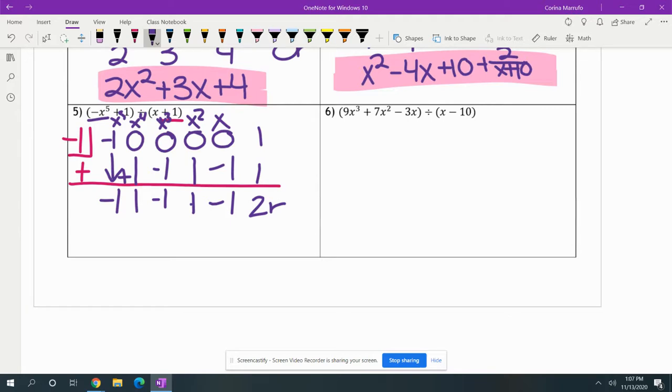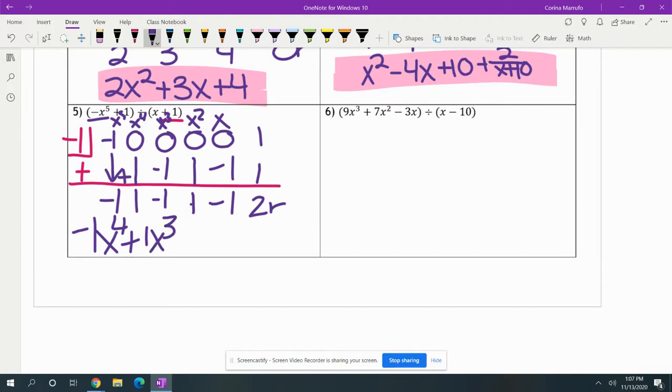So then when we write this, since we had x to the 5th power and we divided by 1, now we have x to the 4th power. So it'll be negative 1 x to the 4th. And then the next one's going to be a positive 1, so it'll be plus 1 x to the 3rd.